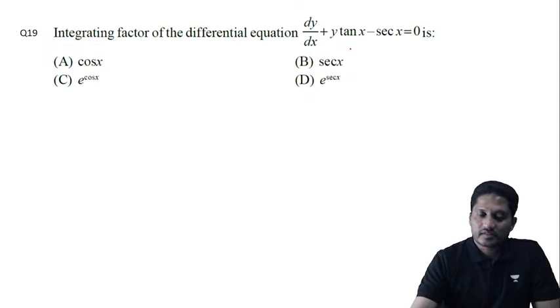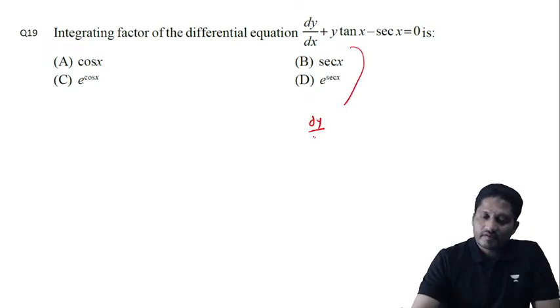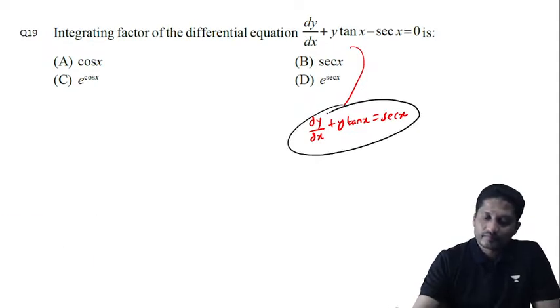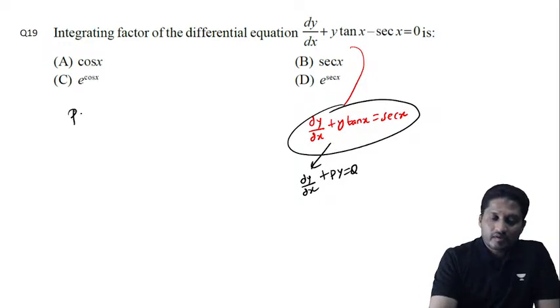Integrating factor of this. So I can write dy by dx plus y into tan x is equal to sec x, right? Now this is of the form dy by dx plus py is equal to q. Right, p is equal to tan x. I want only the integrating factor.